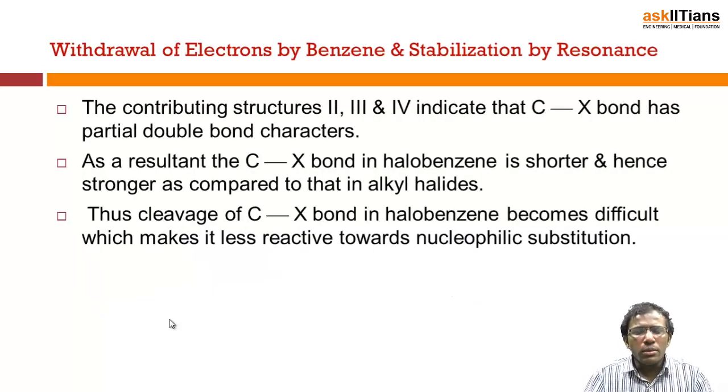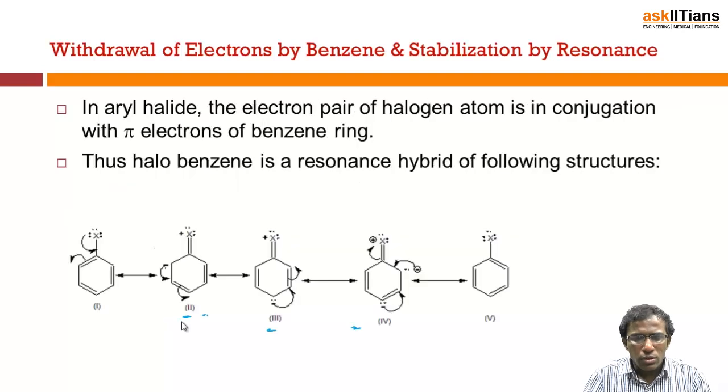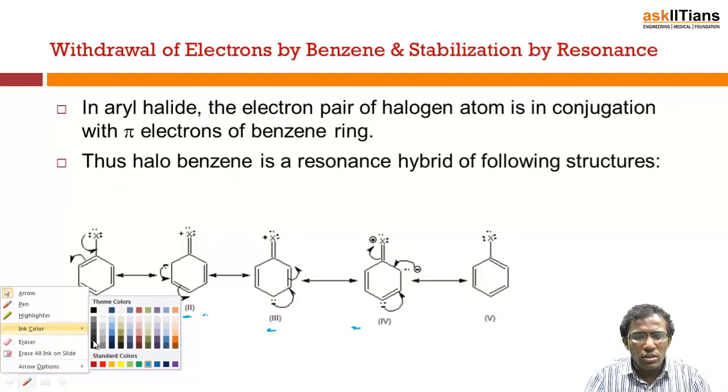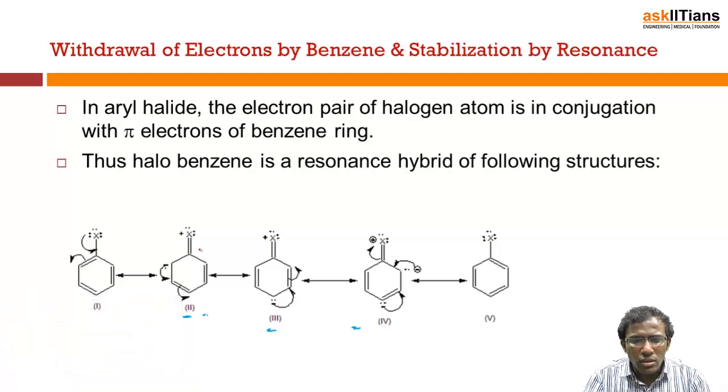If you see the contributing structures 2, 3 and 4, here there is a double bond, whereas before it was a single bond. So the bond is not exactly single and not exactly double; it is in between the single and double bond.